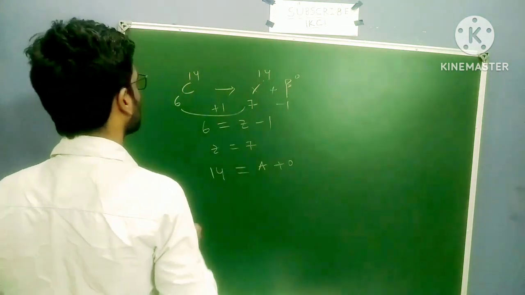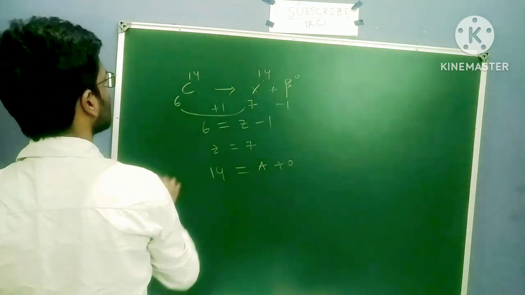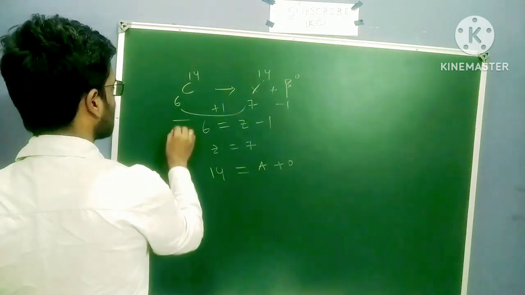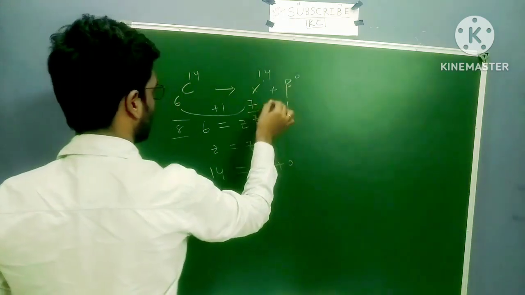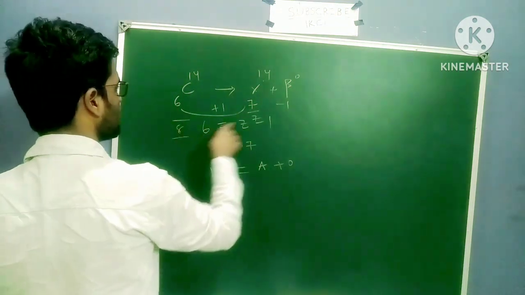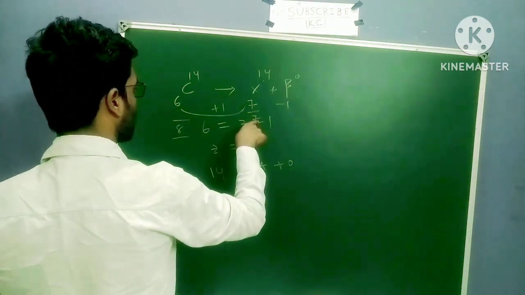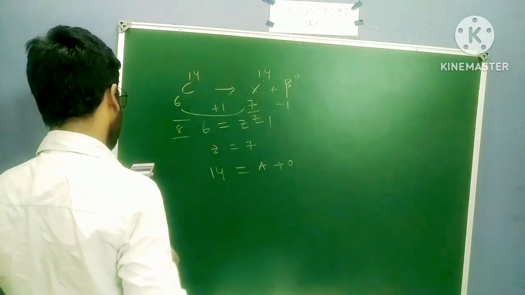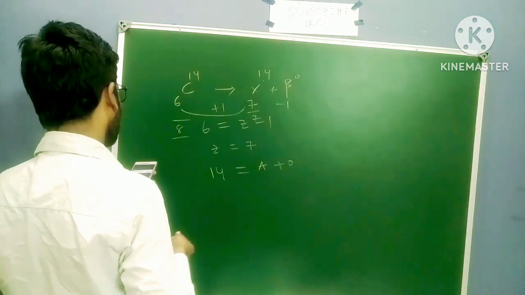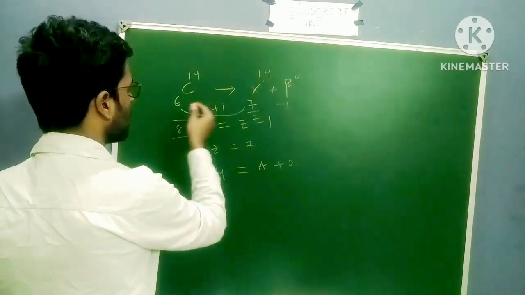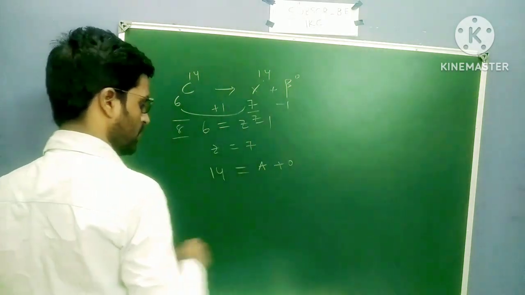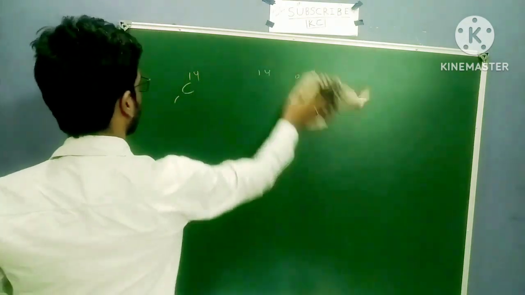Second, decrease of one neutron only: 14 minus 6 is 8 neutrons, 14 minus 7 is 7 neutrons, so there is a decrease of one neutron, so this is also right. So both A and B are correct. This is the first question.